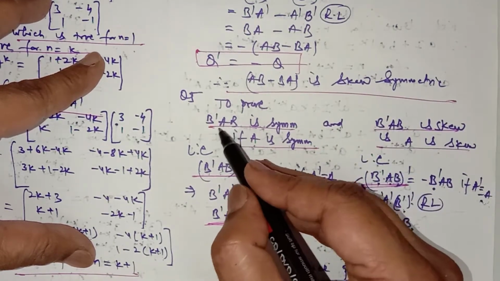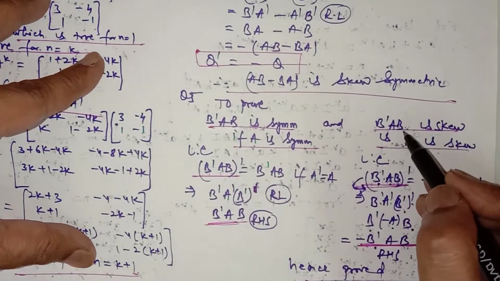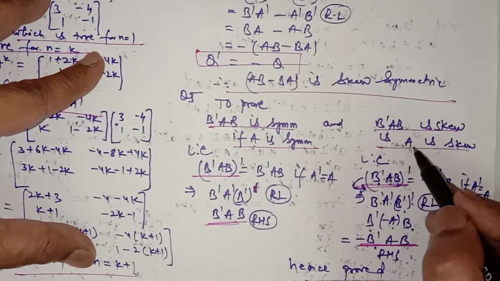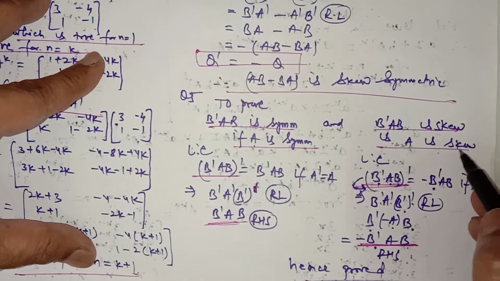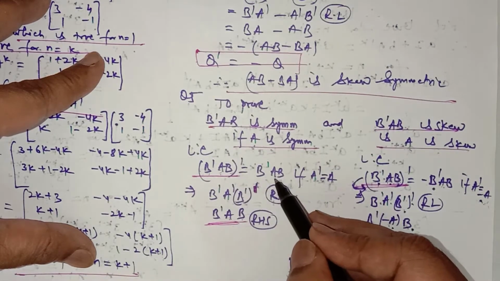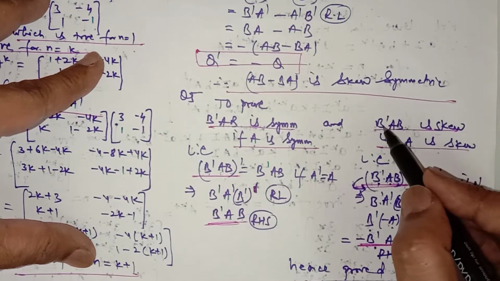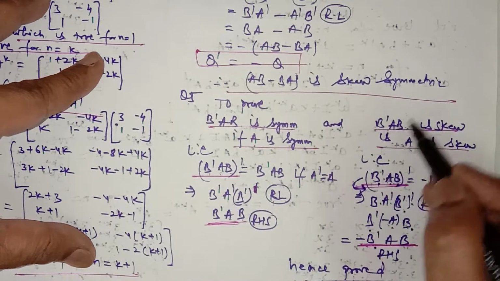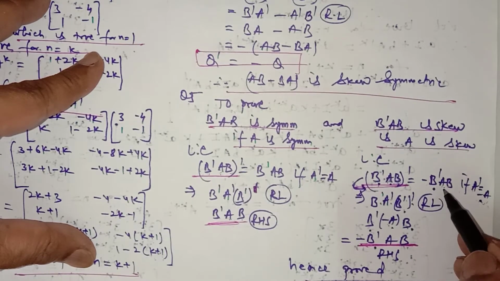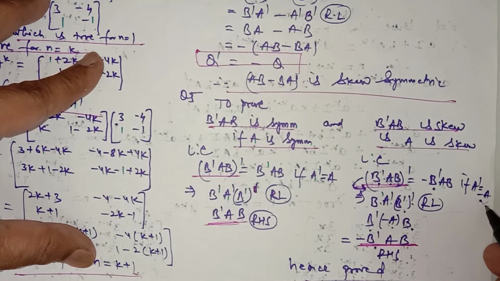That is, you have to prove that the transpose of B transpose AB will be equal to B transpose AB if A transpose equals A, that is symmetric, and that the transpose of B transpose AB is equal to minus B transpose AB if A transpose equals minus A, that is, if A is skew symmetric.